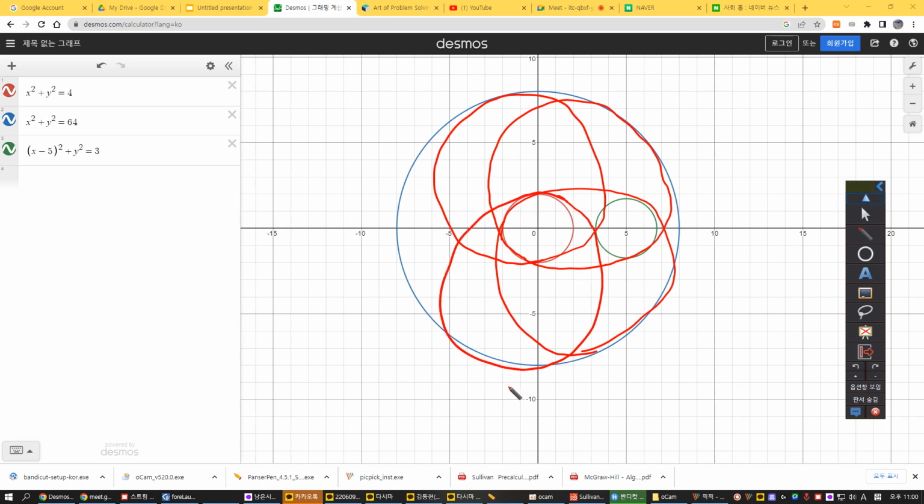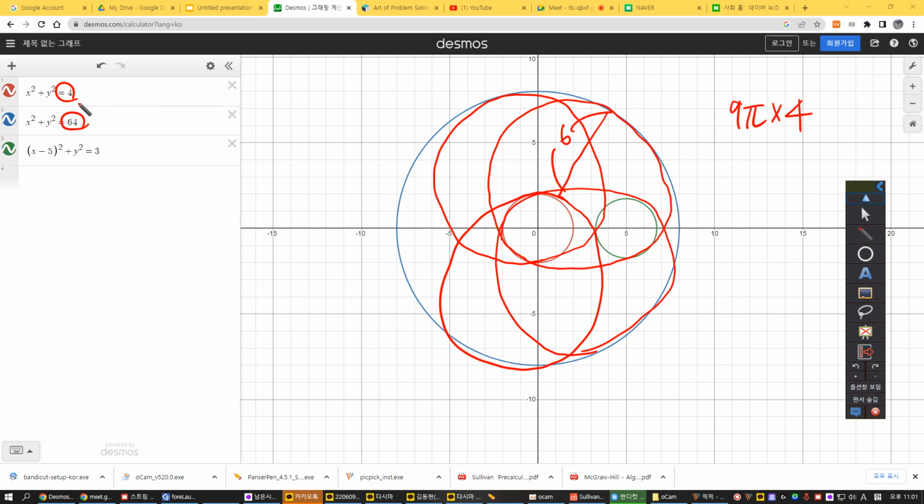And so in the first case, the circle's diameter is the difference of these two radii. So the diameter is 6, so the radius is 3. So that means the area of the circle is 9 pi, and it happens 4 times. And for the bigger circle, we add the radii of these two for the diameter.